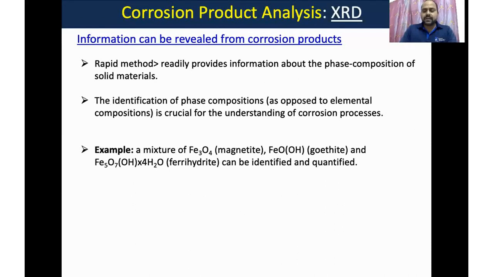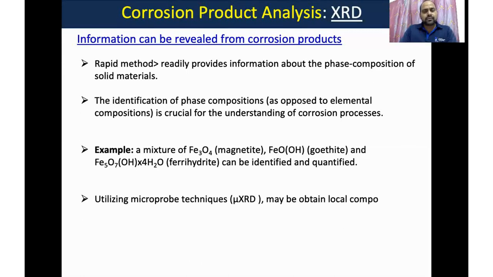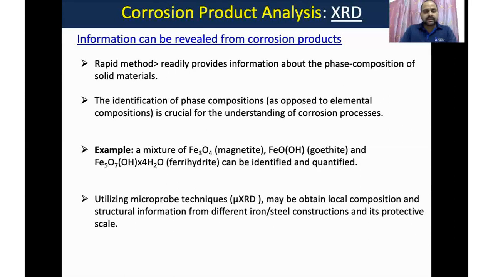So even within iron rust, we can have an idea what phase composition is there. There are also some microscopic tools, sometimes called micro XRD, that are even better to analyze a very small region. A micro scale region can be analyzed, and we can get very good information.